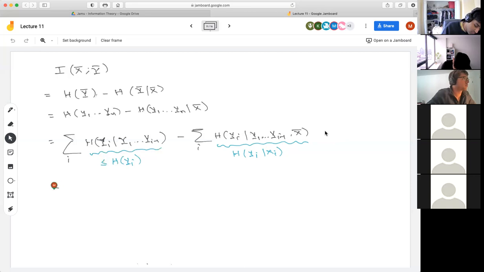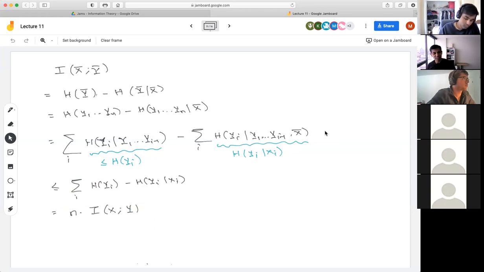And so we get that this is less than or equal to the summation over i of h of Yi minus h of Yi given Xi, which is n times the mutual information of X and Y. Let's write it this way.